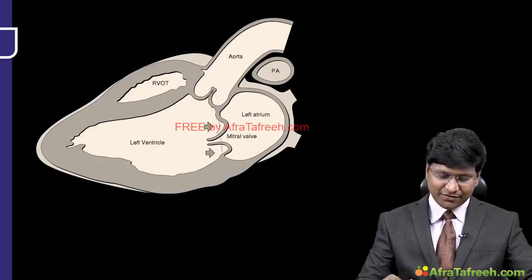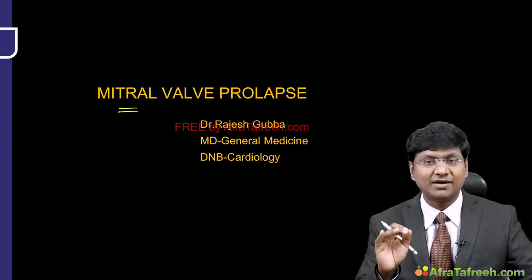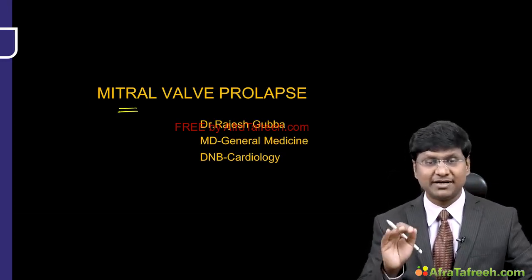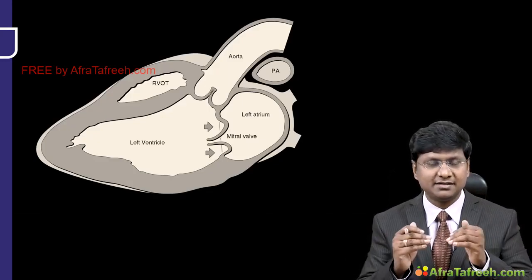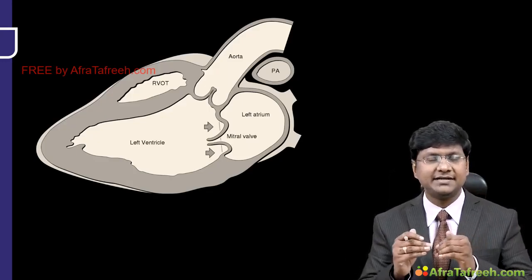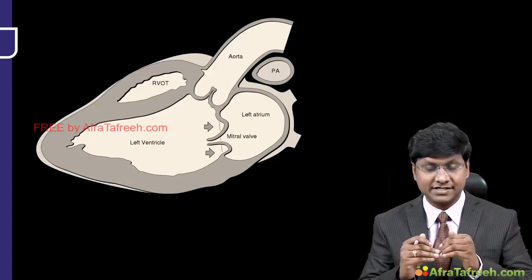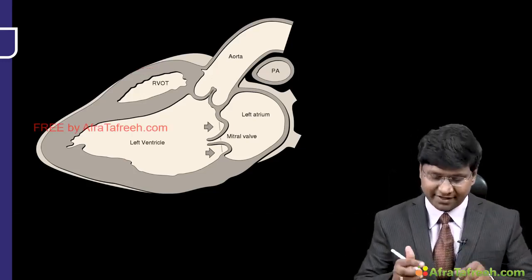So now if you take the basic criteria or the definition of mitral valve prolapse: whenever the left ventricle is contracting, the mitral valve leaflets, that is the anterior as well as the posterior mitral valve leaflets, prolapse into the left atrium.